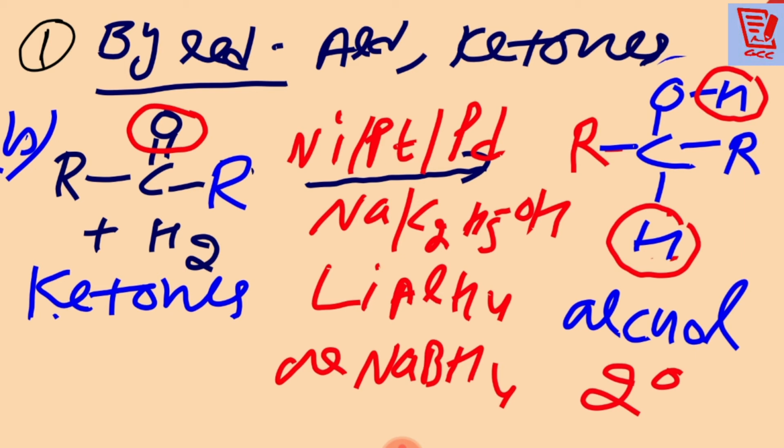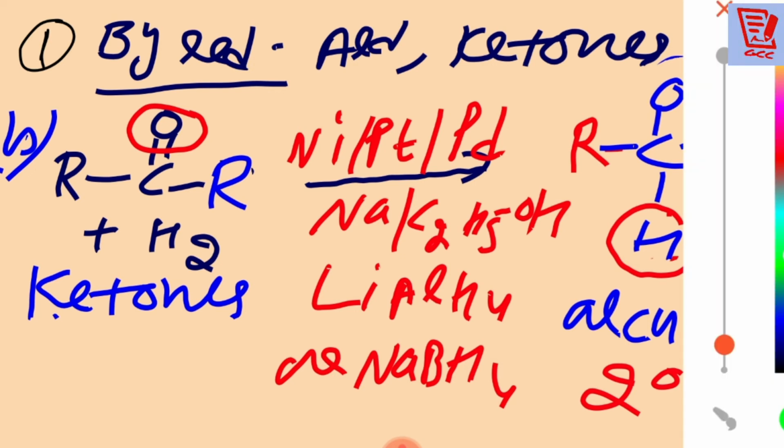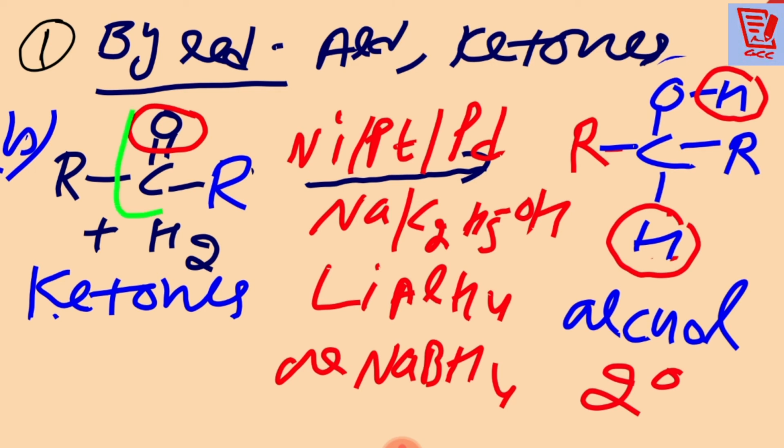Then students, the question arises in our mind, can we make tertiary alcohol? One more very important thing: even an aldehyde or even a ketone, they both contain this CO group, and this CO group is also called the carbonyl group.